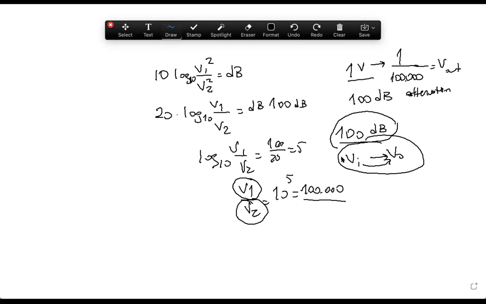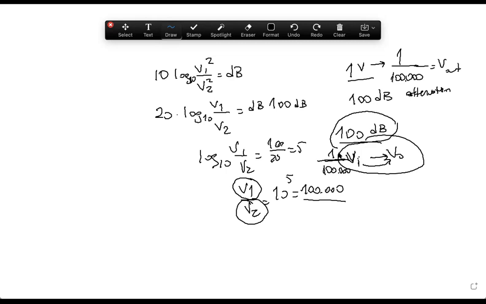Attenuated means I will multiply this by 1 over 100,000, right? Attenuation means I'm multiplying the input by a certain factor. Is that correct? Yes, professor. When we do V out over V in, we get the reversed version. So yes, that's true. I'm trying to give you the main logic here.